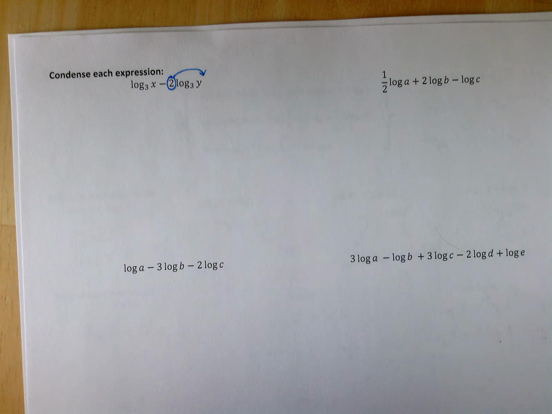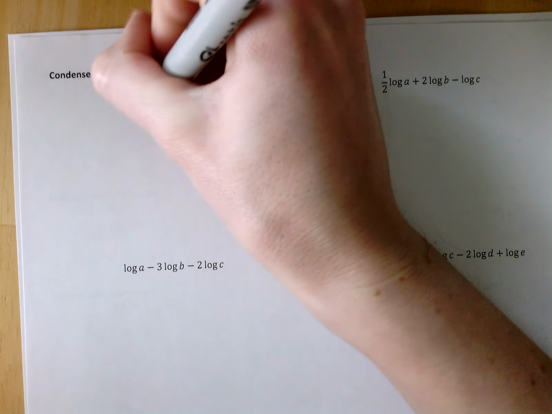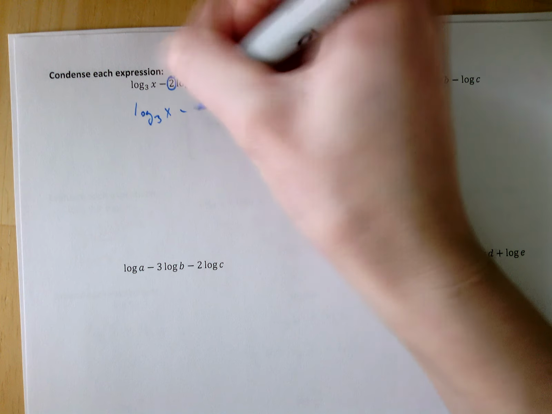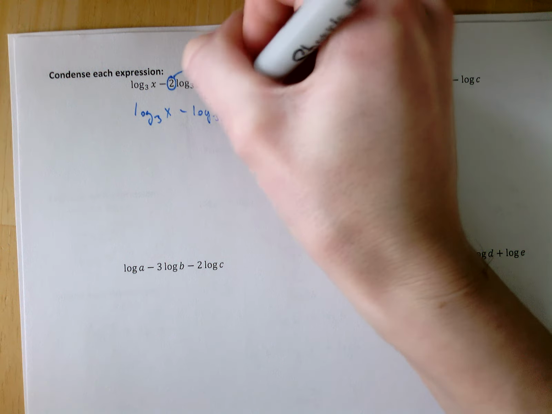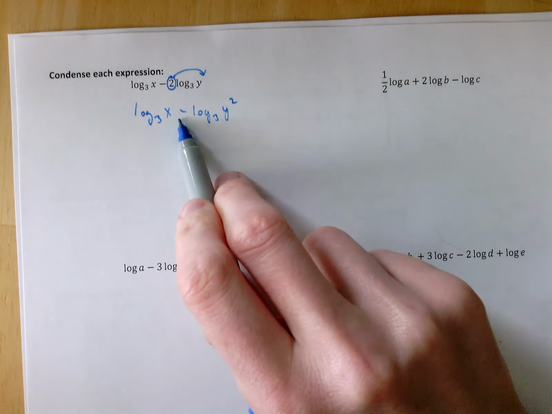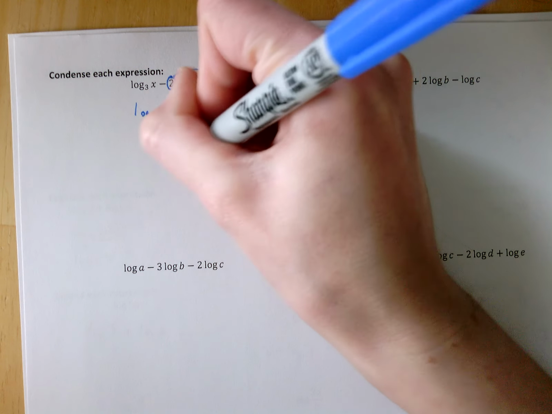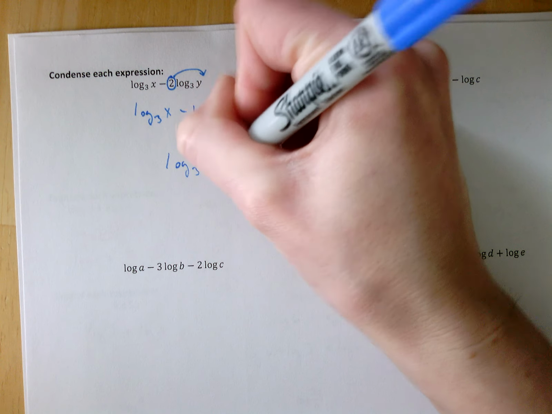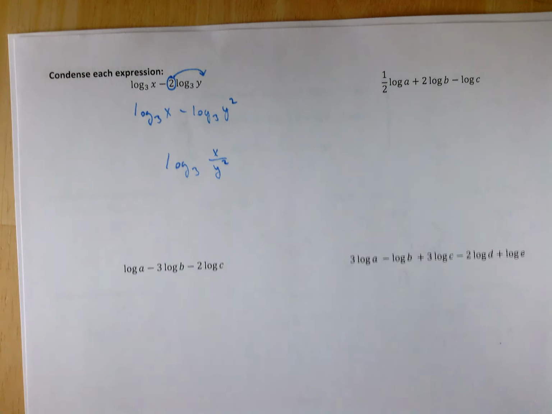Okay, so any coefficients, you want to bring those up first. So I can make this log base 3 of x minus log base 3 of y squared. And then since this is a subtraction, I can rewrite it as a division problem. And there we go.